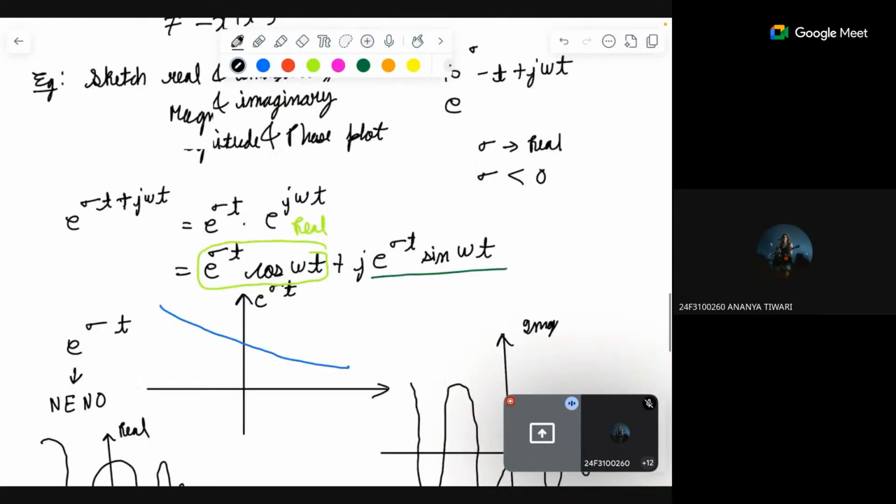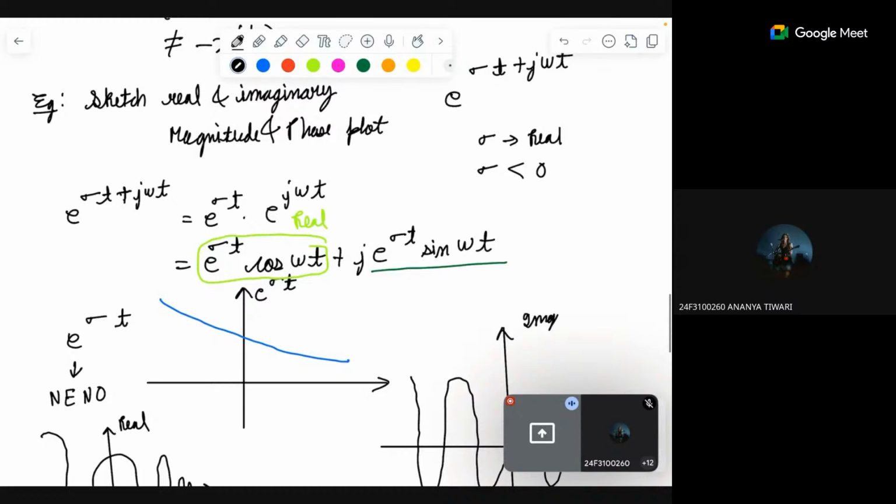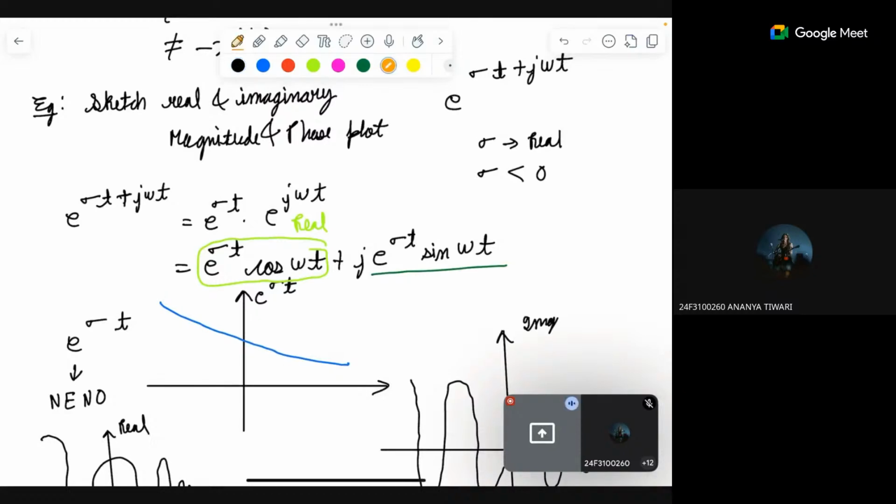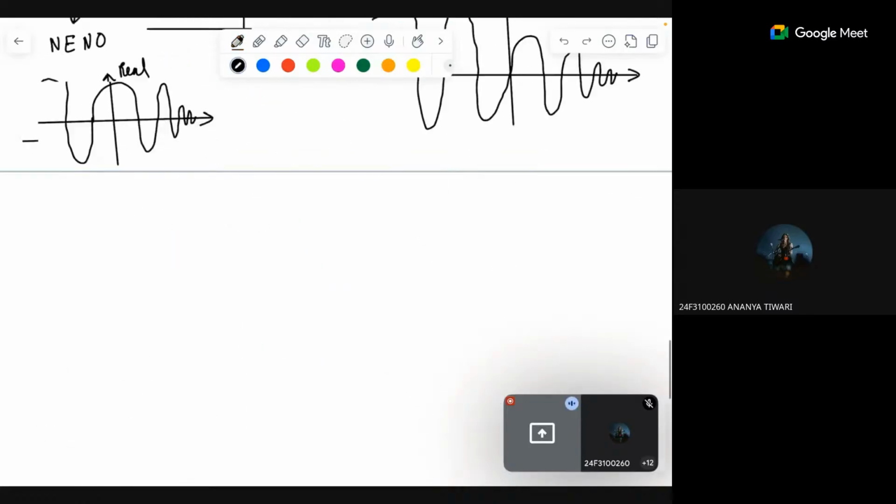Now let us draw the magnitude and phase plots. For my signal, the magnitude is this part, e raised to the power of sigma t, and the phase will be omega t, right? Let us draw it.